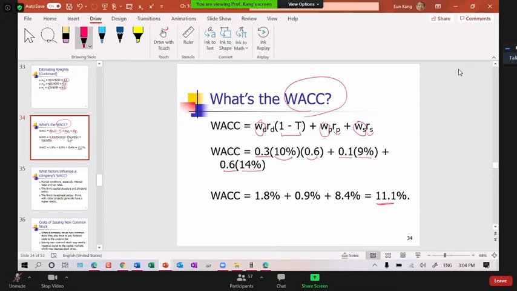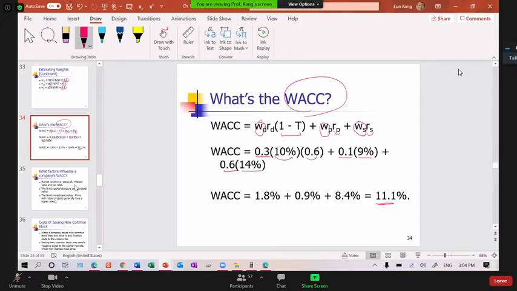So when you have 3 components, then your cost of capital is the weighted average of all the components, right? And weight should be how much of each capital you use. And your cost of capital depends on the amount of capital you use, right? So that makes sense. So that is WACC.